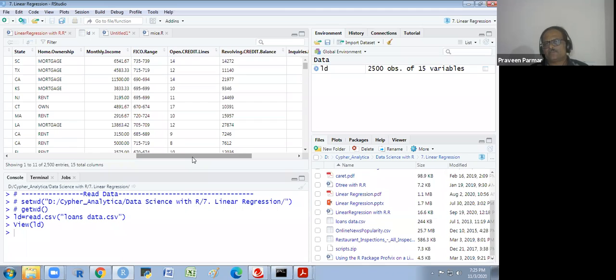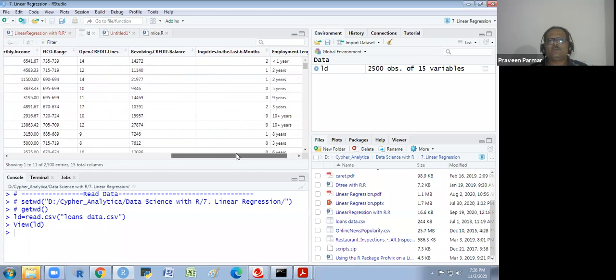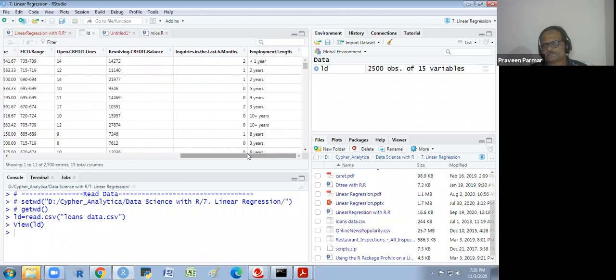Revolving credit balance, how much revolving credit balance is there? Then inquiries in the last 6 months, and employment length in the current company. How long he is working in the current company.